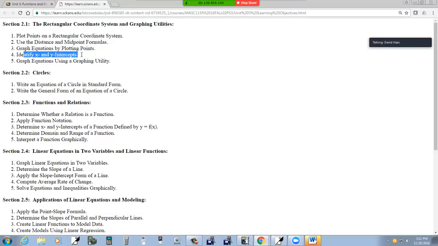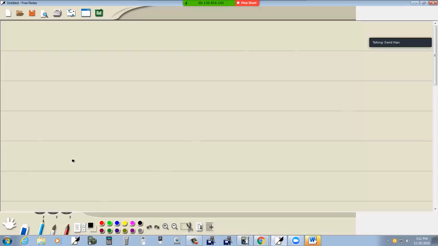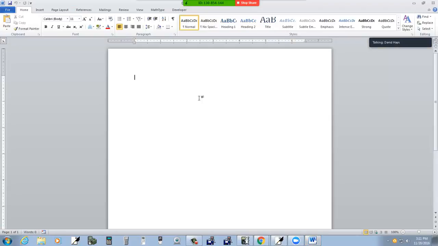Now identifying x and y intercepts. Down here they got determine x and y intercept of a function. And so I'll explore this a little bit further. But just identifying the x and y intercept, if you're looking at it graphically, I won't show any examples of this, but the x-intercept, this is where the graph crosses or touches the x-axis.